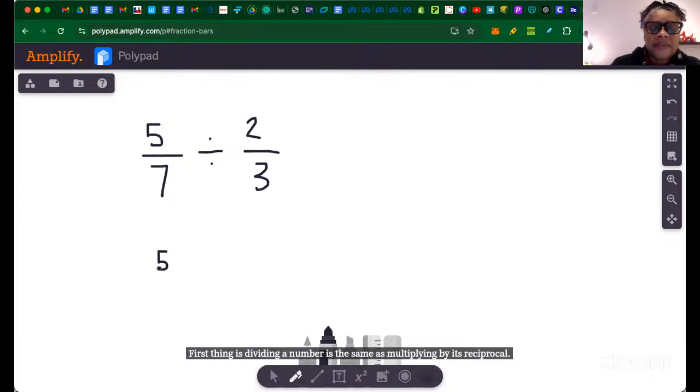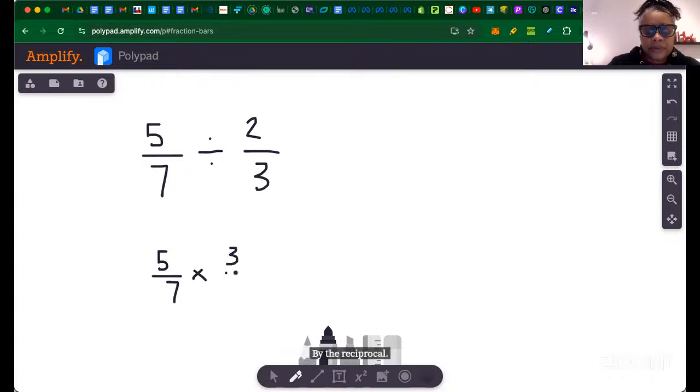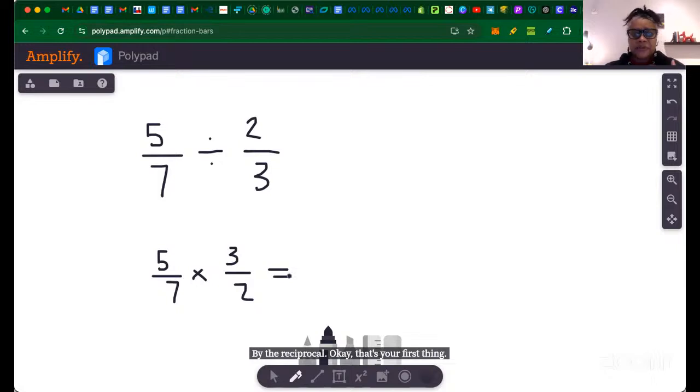So 5/7 divided by 2/3 is the same as multiplying by the reciprocal. Okay, that's your first thing. Then from there, I know you know how to multiply, okay? So you would do 5 times 3.